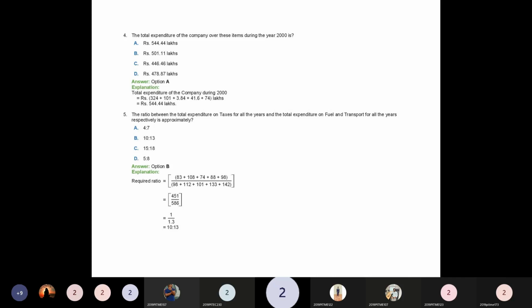So you take these two data only: how much tax was paid over the last 5 years, and how much was paid for fuel and transport.